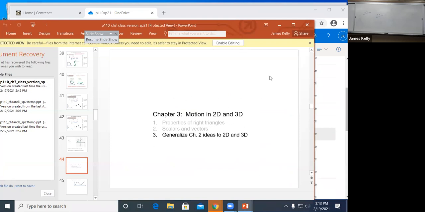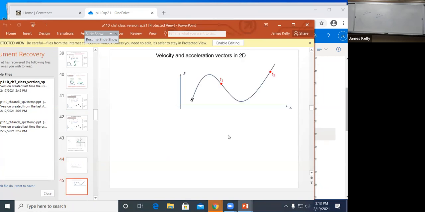Okay, so let's use those ideas of vectors now to generalize our formulas for velocity and acceleration to 2-dimensional and 3-dimensional kinds of ideas. So here is an object, and it's supposed to be an ant walking around in the XY plane. It's following this path that's shown in blue there. At time t1, some earlier time, it happened to be passing by this dot here.